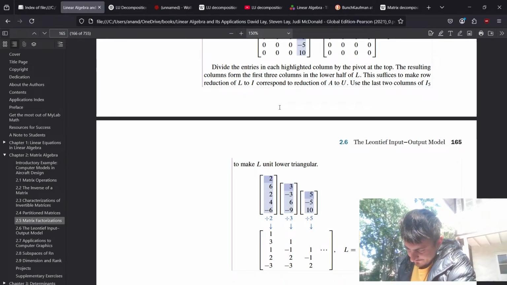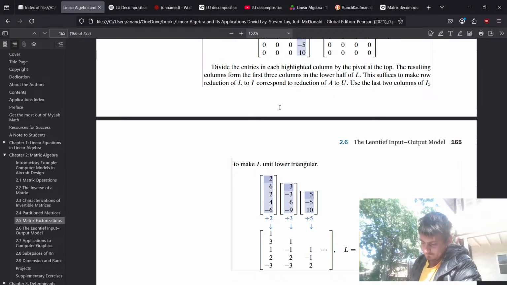So then we're going to get minus 3 times x is equal to 0.